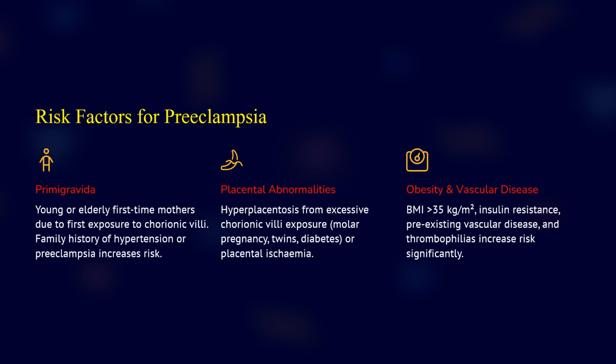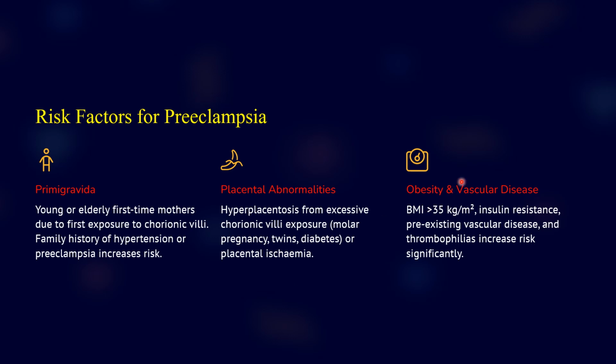Number two is the placental abnormalities, where there is hyperplacentosis from excessive chorionic villi exposure, especially in molar pregnancy, twin pregnancy, and diabetes. It can also be because of placental ischemia.